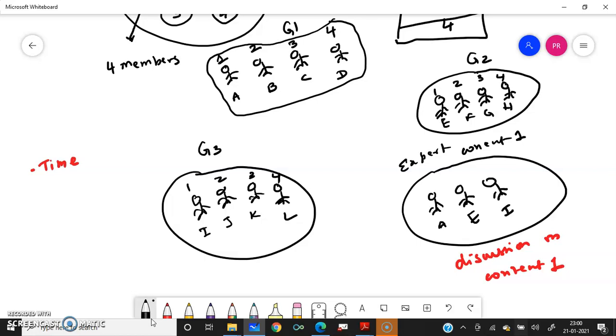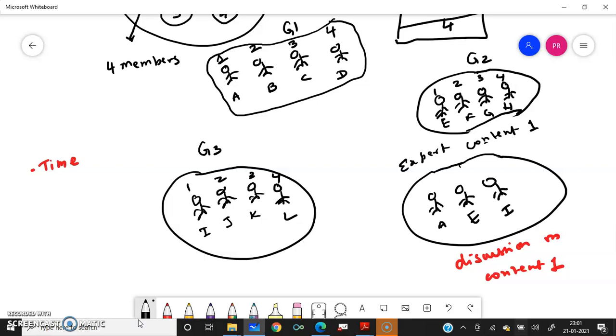They are called content 1 experts. These content 1 experts meet and discuss the content assigned to them. For them, content 1 is assigned.